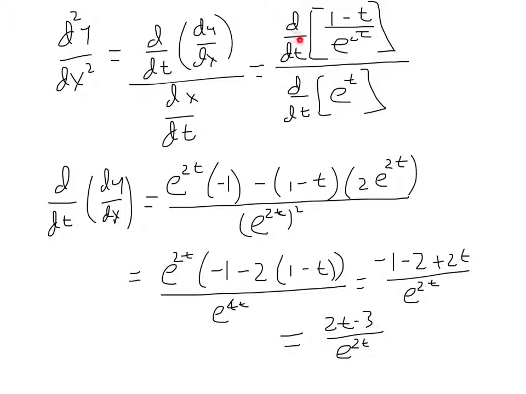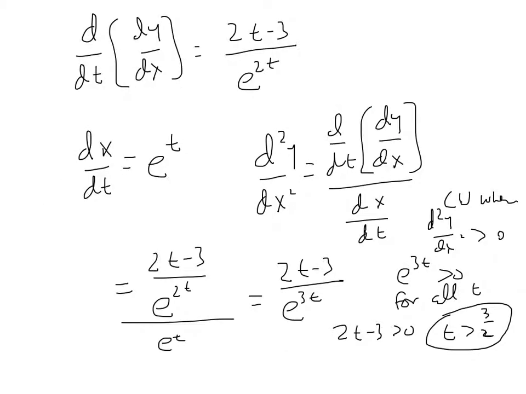Now that's this derivative, the derivative of dy/dx with respect to t. So that's here, 2t minus 3 over e to the 2t. But we still have to find the derivative of x with respect to t and then divide that out.